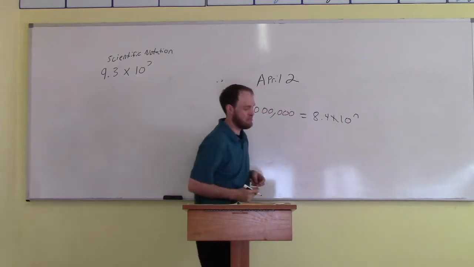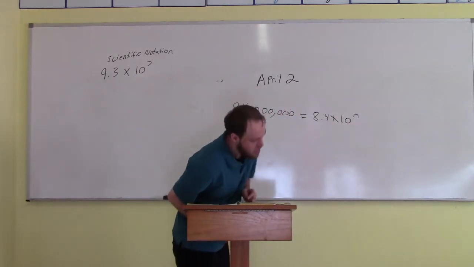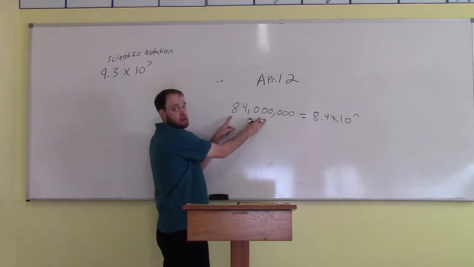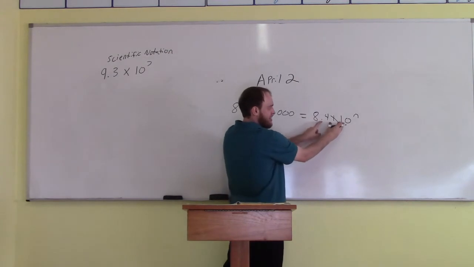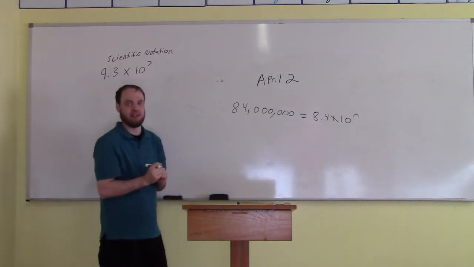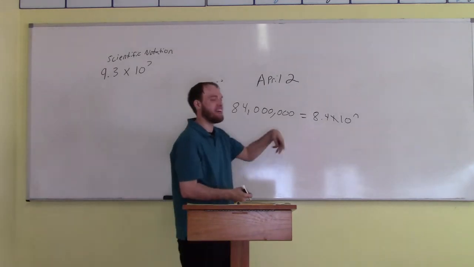The idea is that this number, 84 million, and this number written like this, 8.4 times 10 to the n, are exactly the same thing. We just have to figure out what the n is.